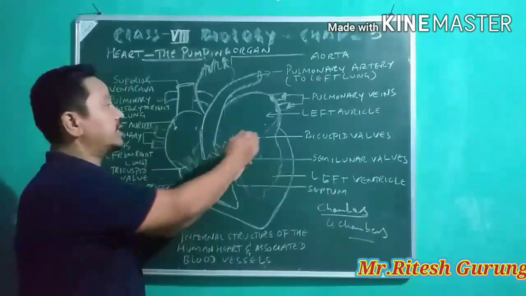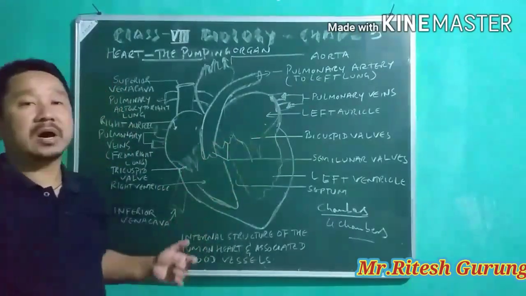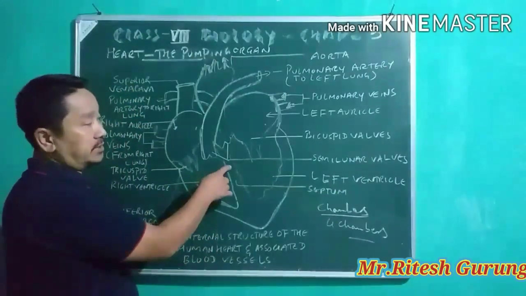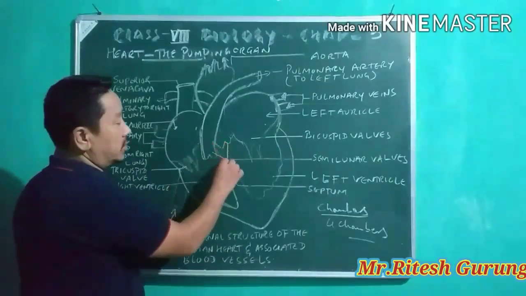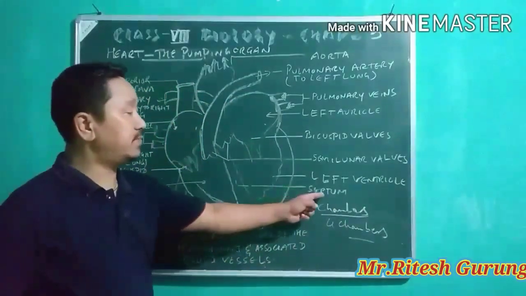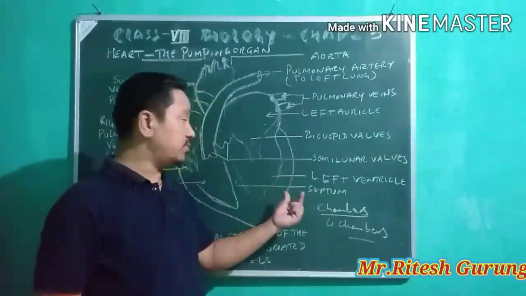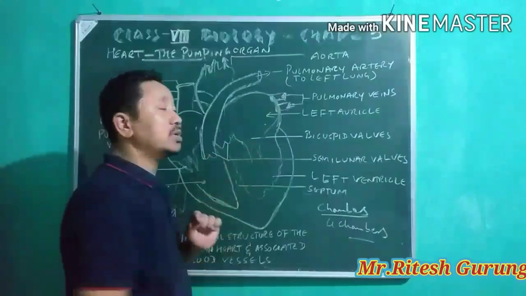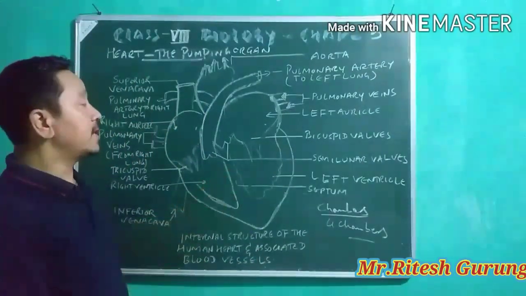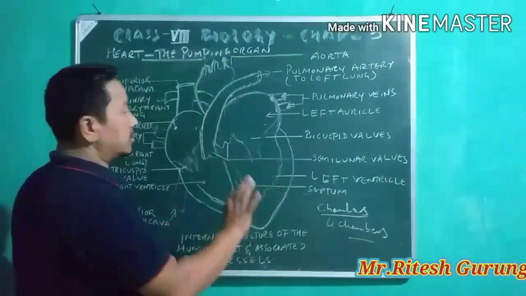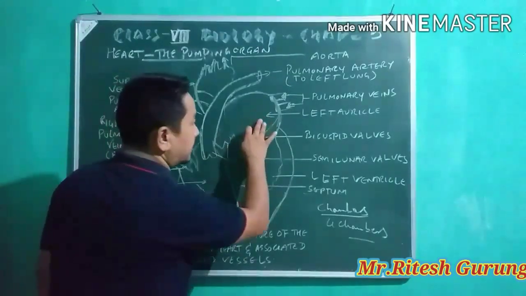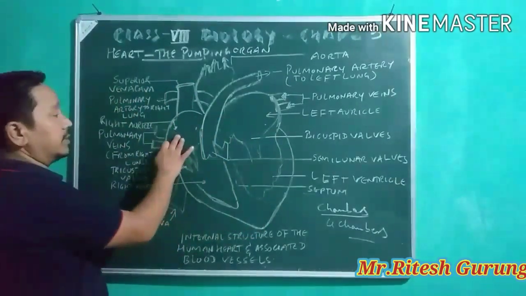These 2 sides of the heart are mainly separated by this portion, which is called the septum. The septum is the partition of these two sides of the heart.